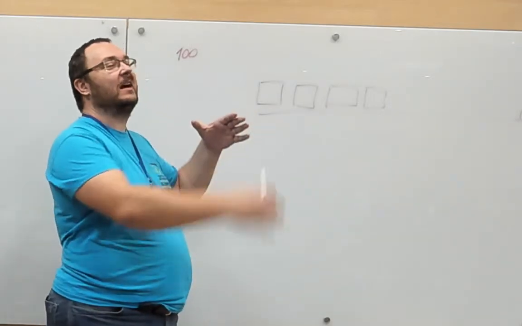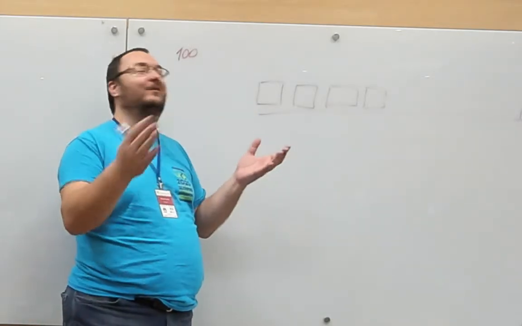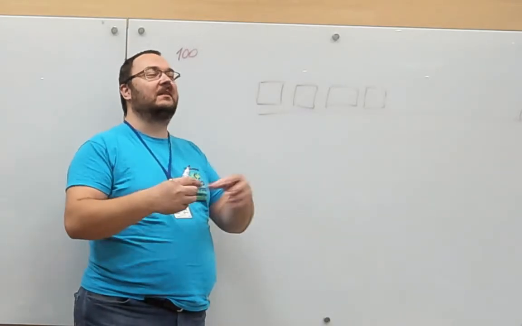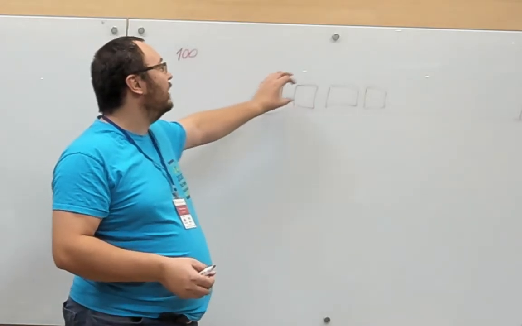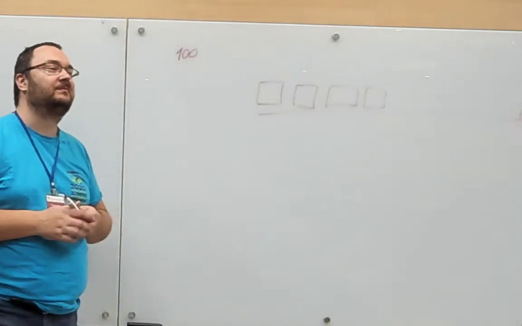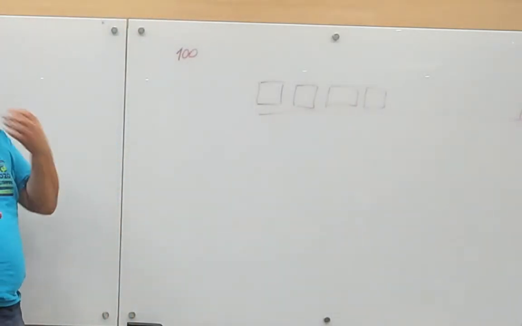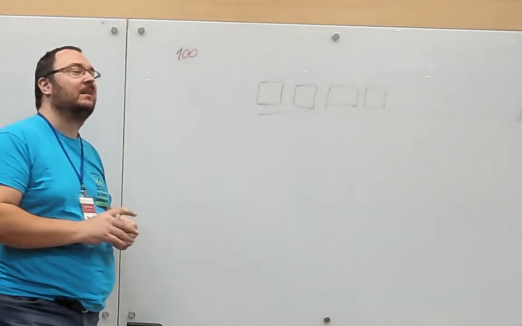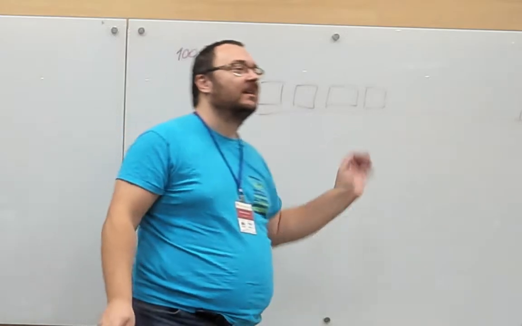So 100 unique identifiers, names of the prisoners for short. The warden will take these 100 names and place one of the names into each of the boxes, shuffled uniformly at random, or whatever. The warden doesn't even need to shuffle. They can use whatever strategy they like to place the names into the boxes.